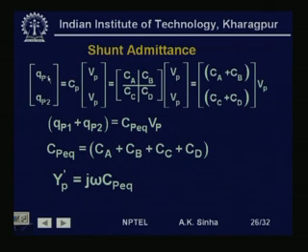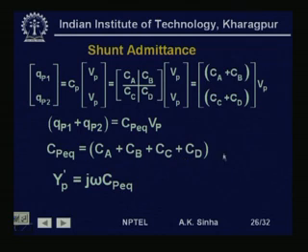From here again we get Qp1 is equal to Ca plus Cb into Vp, Qp2 is equal to Cc plus Cd into Vp. Therefore, if we add these two, we get Qp1 plus Qp2 is equal to Cp equivalent into Vp. Now, Cp equivalent is going to be a 3 by 3 matrix instead of a 6 by 6 matrix Cp, where Cp equivalent is nothing but Ca plus Cb plus Cc plus Cd.